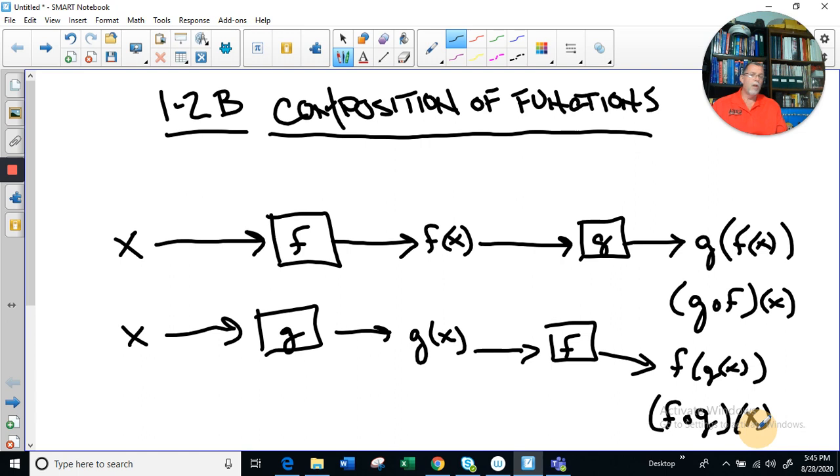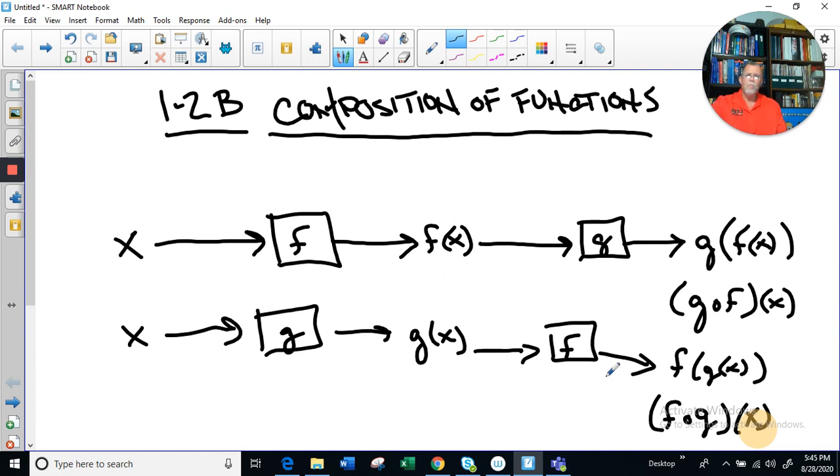So the one thing I want you to realize is these two processes could be vastly different. So don't assume that g of f of x is the same as f of g of x, because it rarely is. So you want to be careful about which one you're doing first. The order is important in this process, so I want to be very clear on that before we get started.